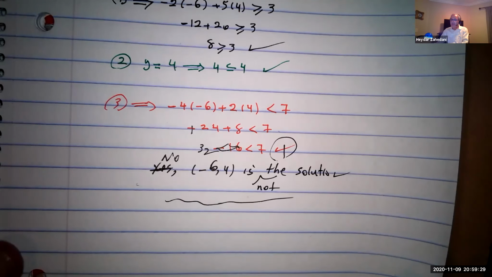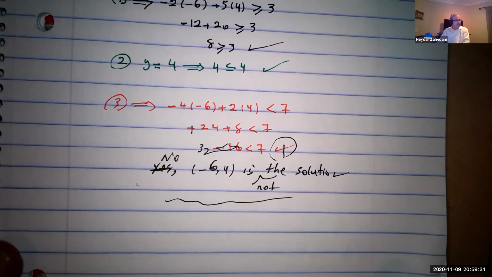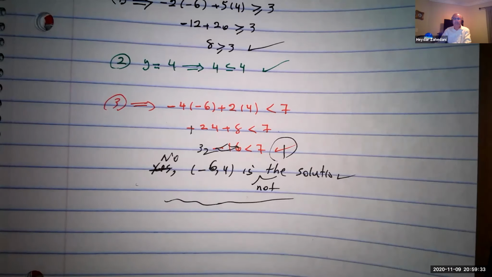That was just to refresh your memory. The thing that we are eventually going to be interested in is that you graph these systems, and there are going to be some special points of these systems that we are interested in.